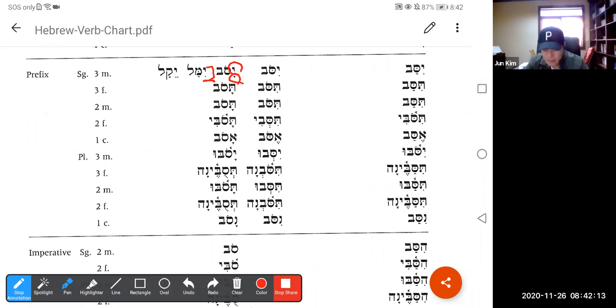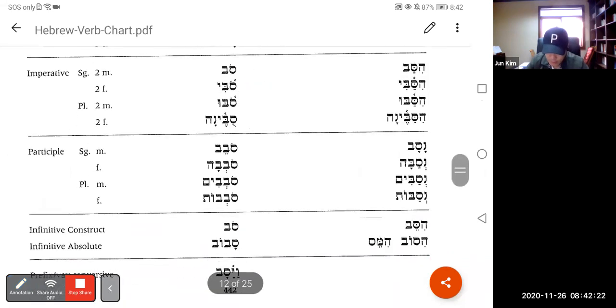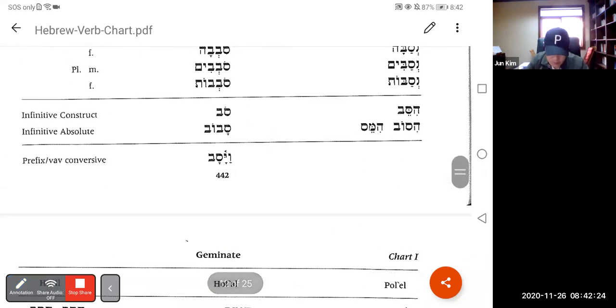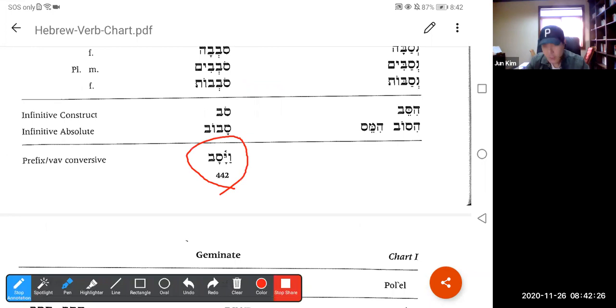Looking at this, you may be confused as if we have a hollow verb. Are you following me? If you have this word, you can be easily confused because after removing non-root letters, we have only two remaining letters.